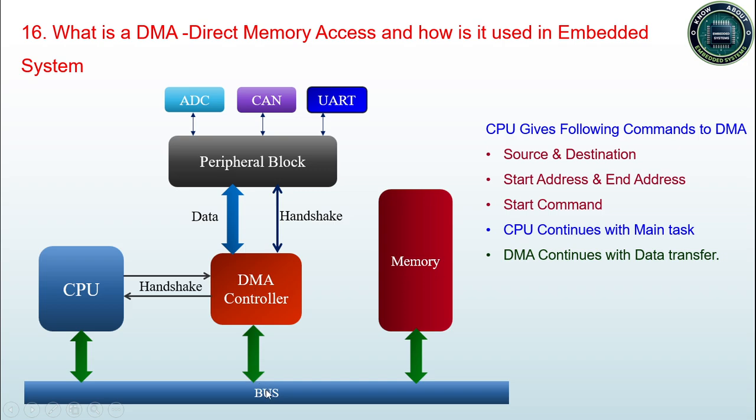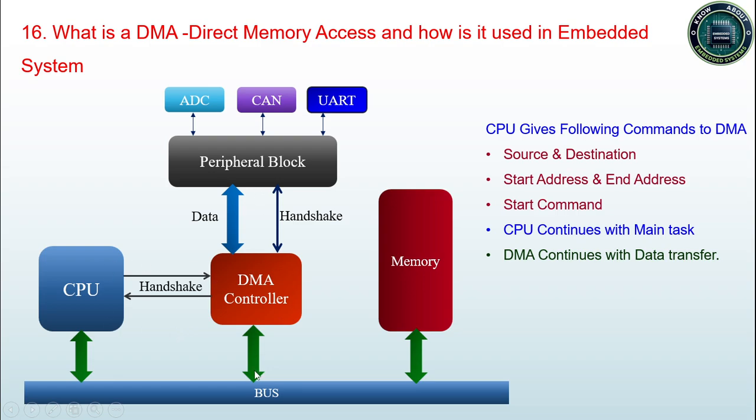The DMA will trigger the data transmission from memory to peripherals, and once the data transfer is completed, the DMA will send an acknowledgement or set an interrupt flag, saying that data transmission is completed. This is called the handshaking mechanism.